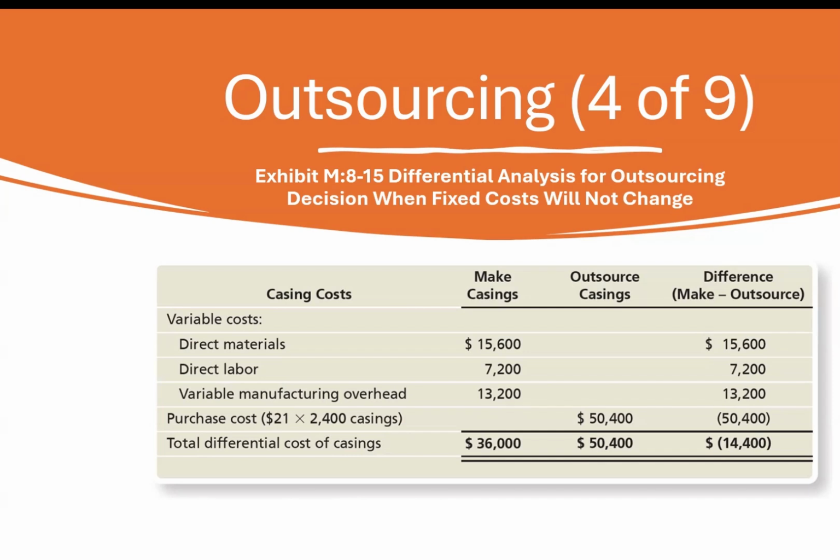Therefore, Smart Touch Learning should continue manufacturing its casing in-house, as the variable cost of outsourcing, which is $50,400, is higher than the variable cost of in-house production, which is $36,000.